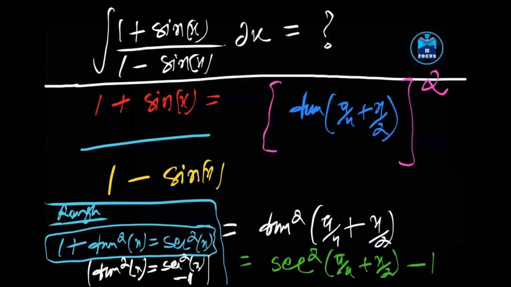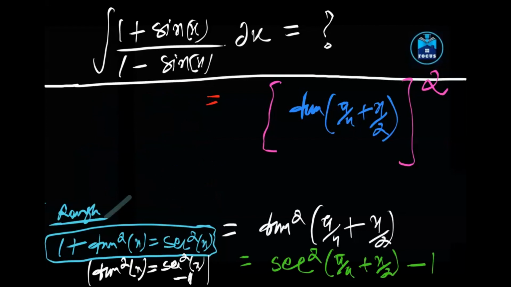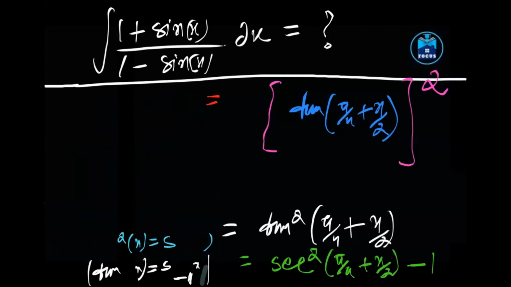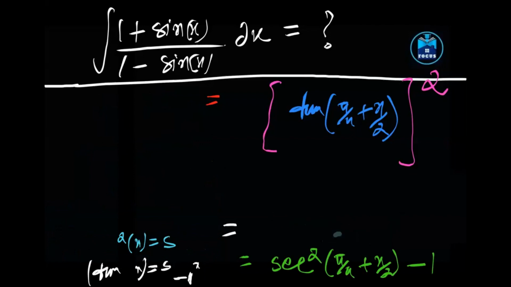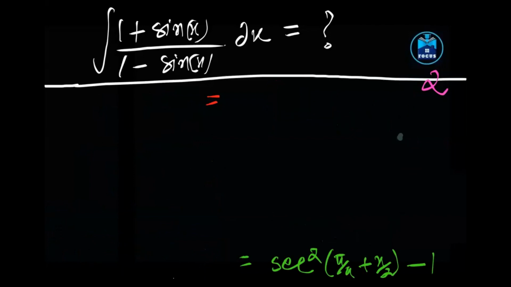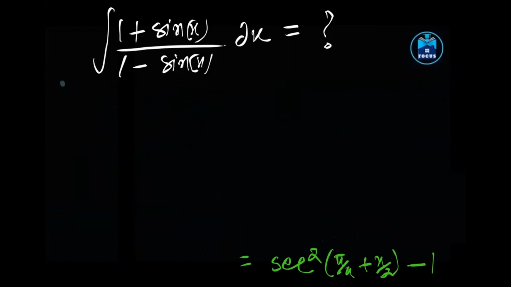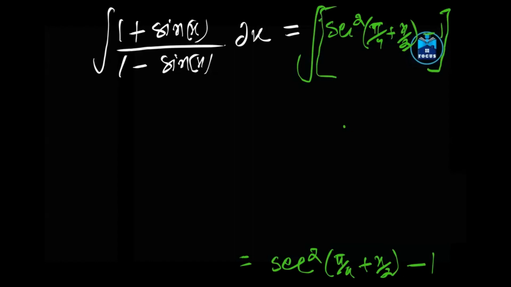Okay, so I can now remove all this rough work, because we have come far in the question. So we are almost there. I'm going to rewrite this whole question again as the integral of sec square (pi by 4 plus x by 2) minus 1, bracket close, and dx outside.